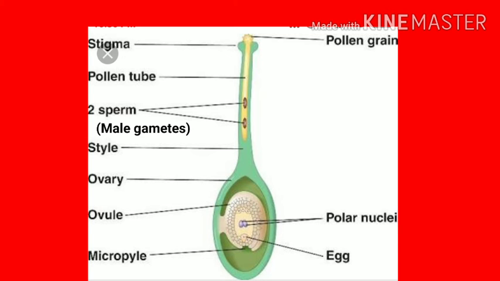Now let us have a discussion about the changes that happen here. Are you ready for that? Yes, look here. After pollination, a tube starts to grow out from the stigma and travel through the style. This tube is called the pollen tube.